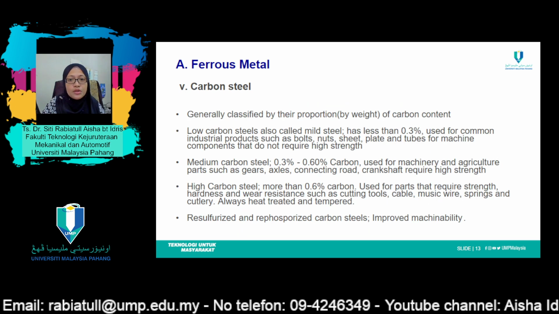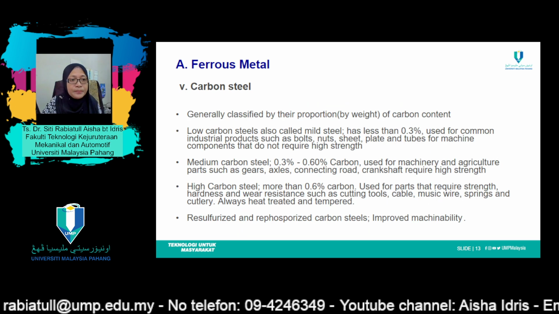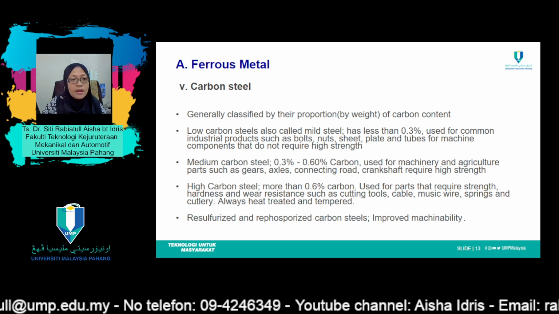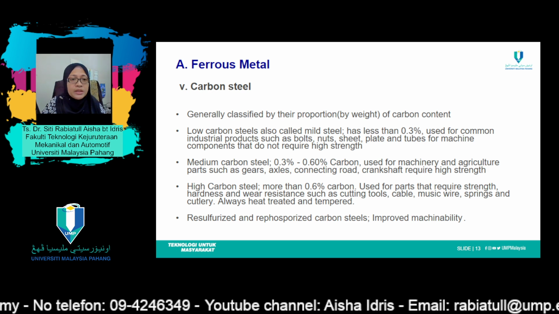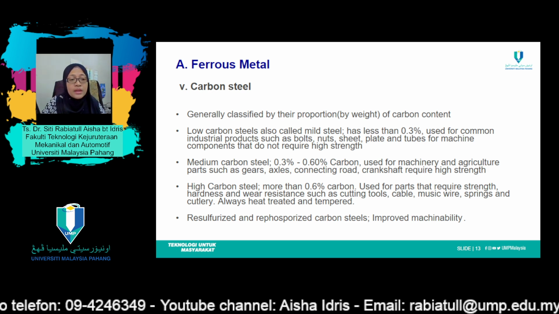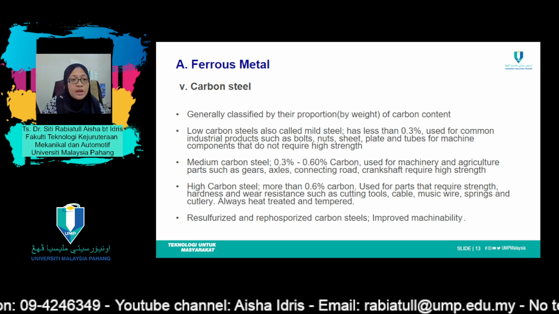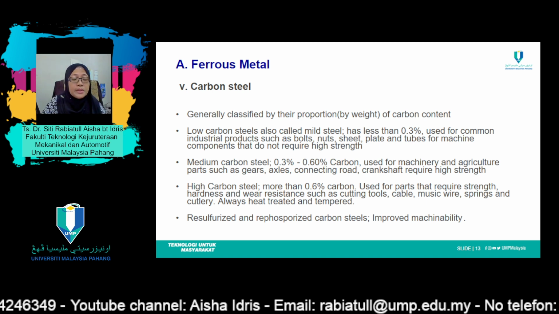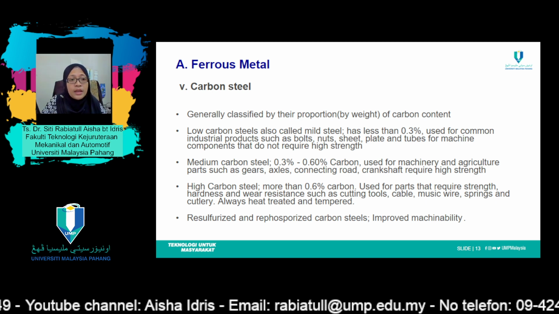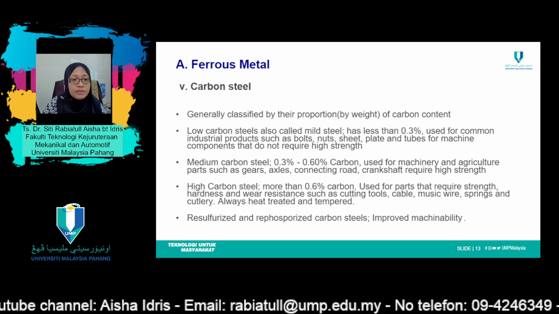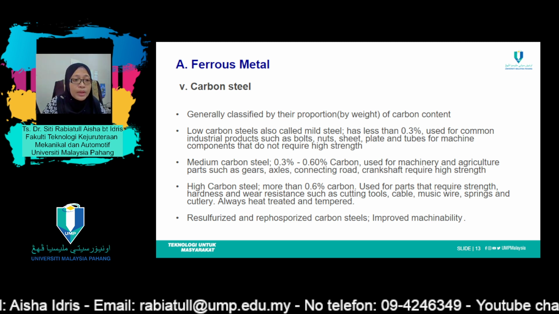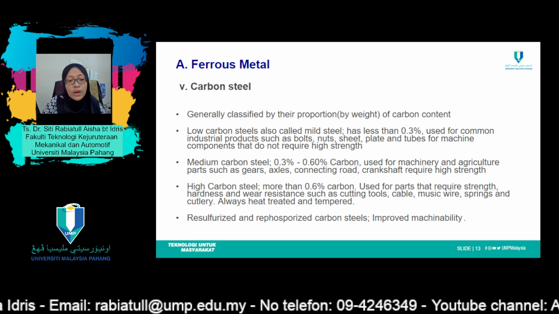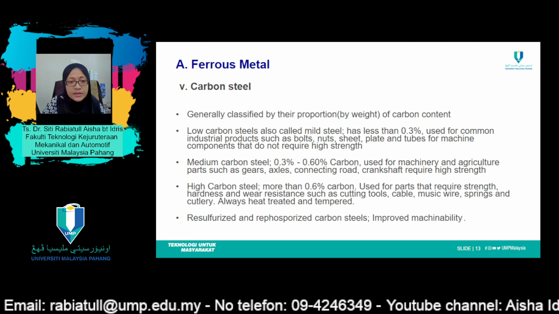Now let's move on to carbon steel. Steel or carbon steel may contain appreciable concentrations of other alloying elements. There are thousands of alloys that have different compositions and or heat treatments. The mechanical properties are sensitive to the content of carbon, which is normally less than 1%.